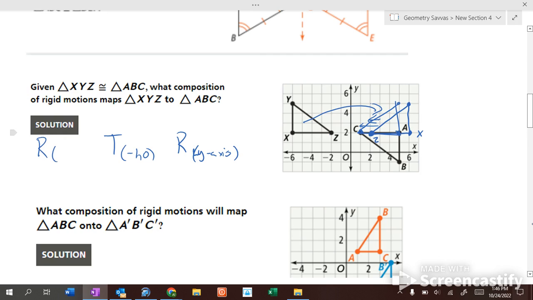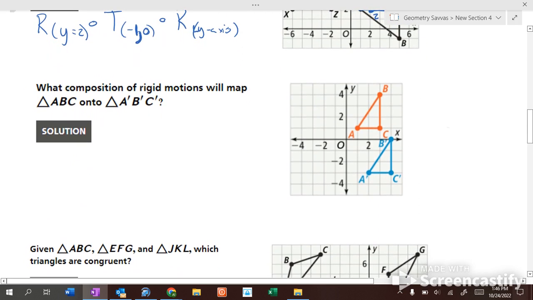We'd reflect it across the line y equals 2. Okay? And then they would be on top of each other. That would be a composition of rigid motions that would get us there.